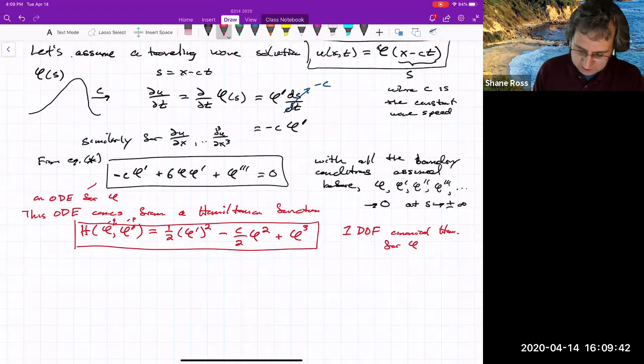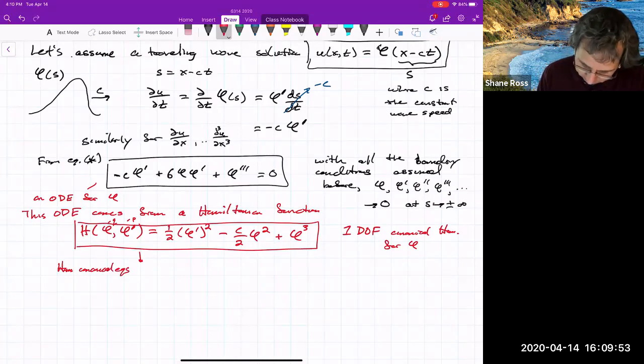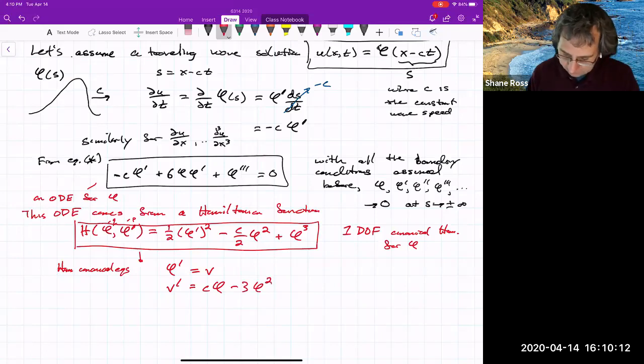So if you take Hamilton's canonical equations and write it in first order form, you get phi prime equals v, and then v prime equals c phi minus 3 phi squared.